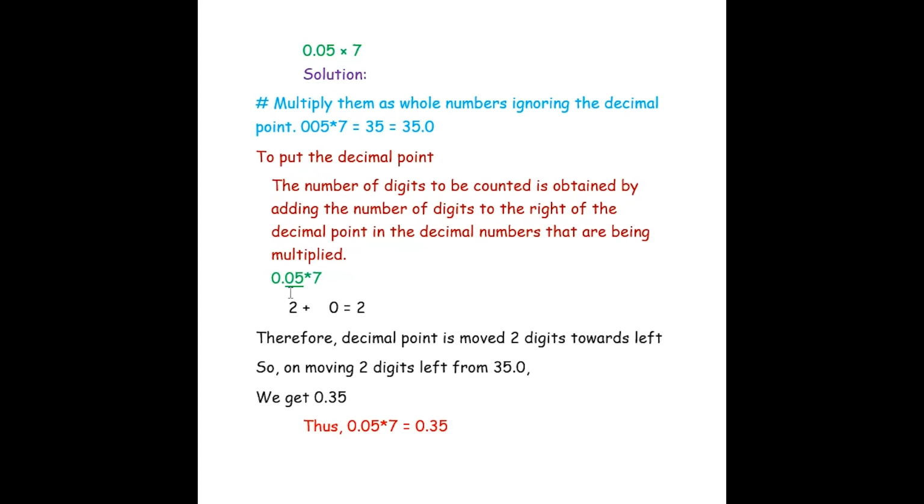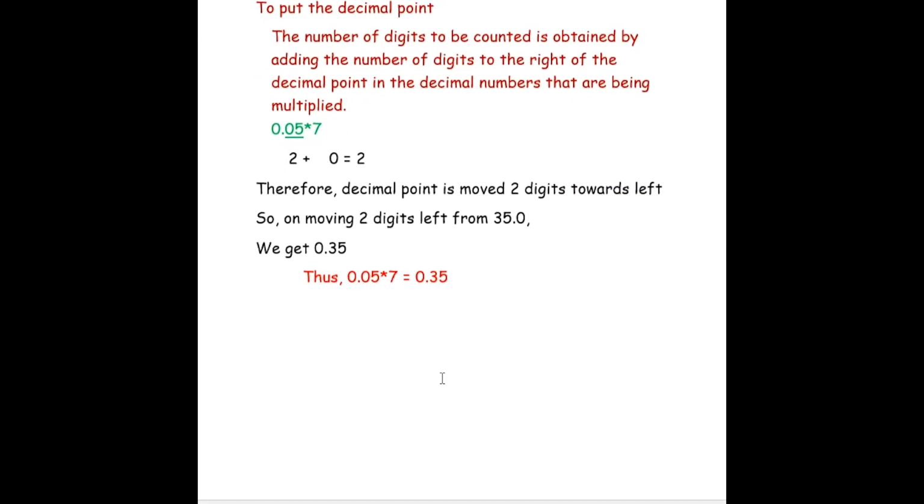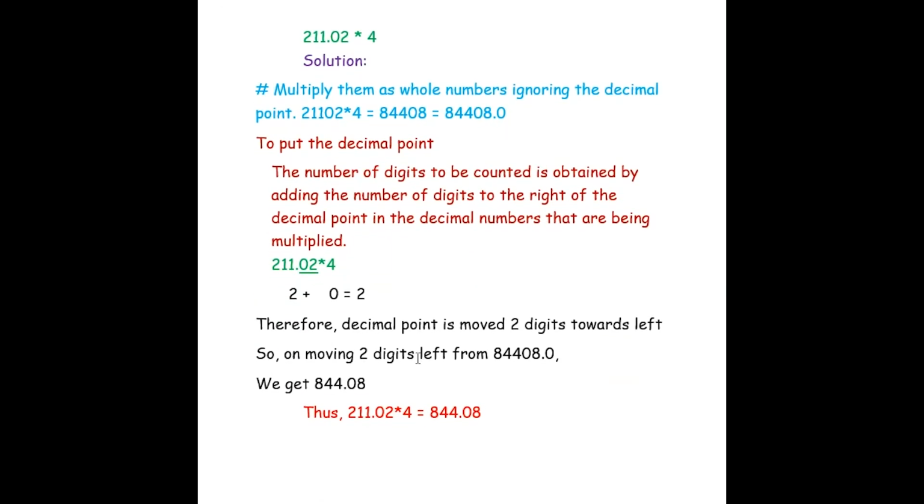In your question, after the decimal point, you have 2 digits towards its right. So you have to move this decimal point 2 digits towards left from 35.0. If you move 1, 2, your answer is 0.35. So thus 0.05 into 7 is 0.35. Now let's see the next example.